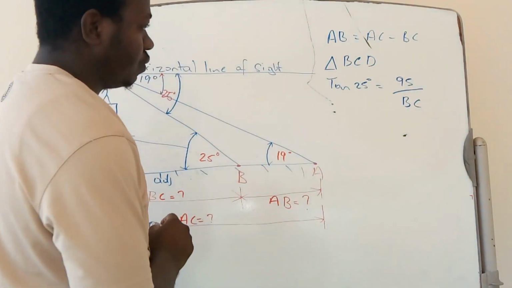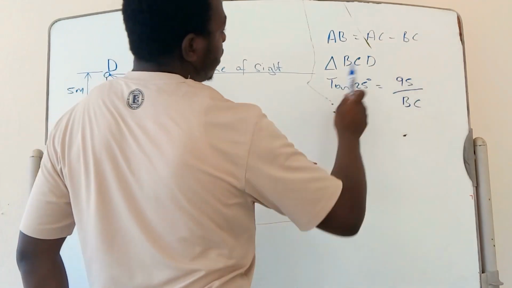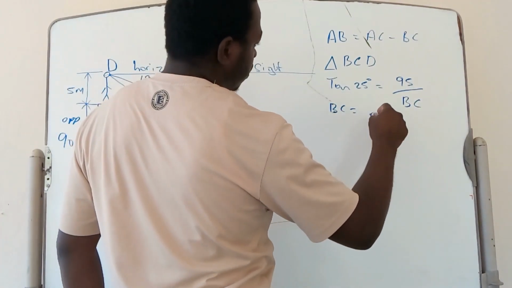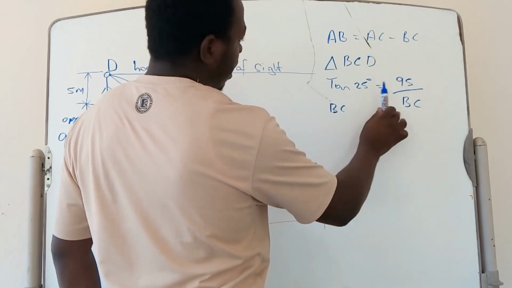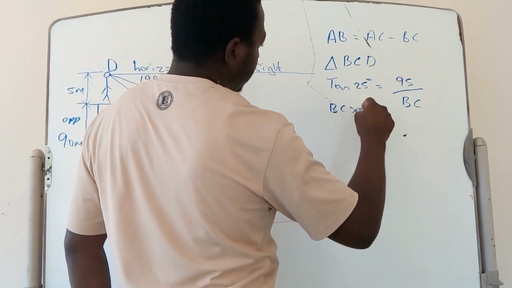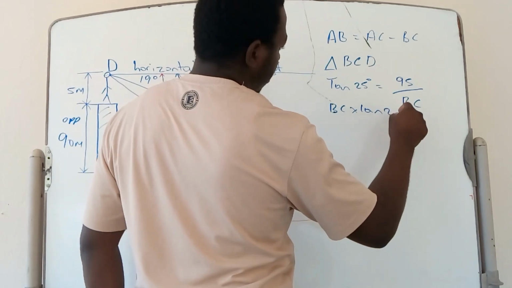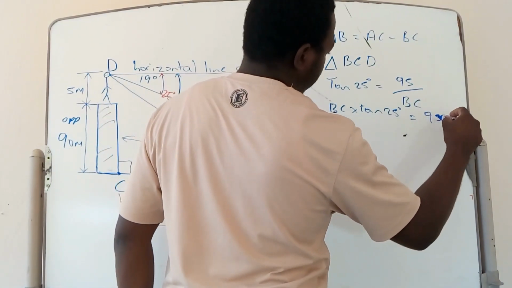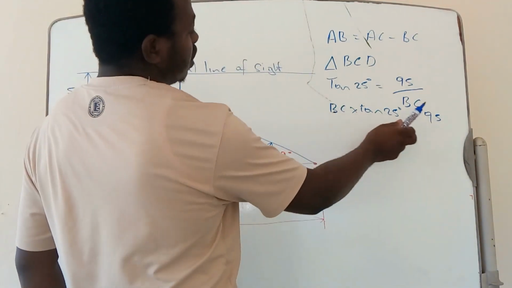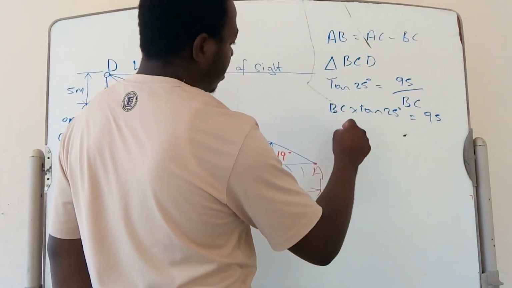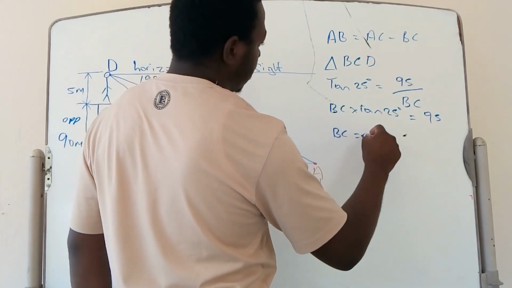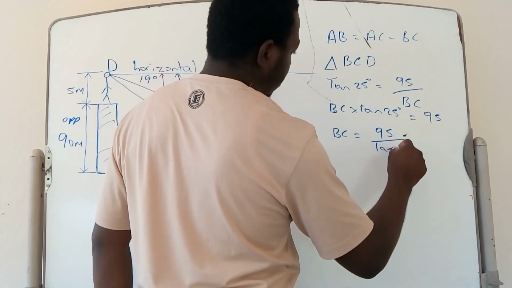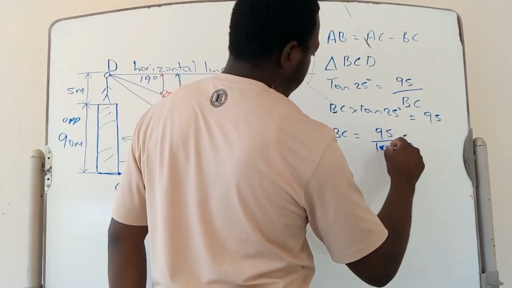Now you want to find BC, so multiply both sides by BC. So BC times tan 25 degrees is equal to 95. Then we divide both sides by tan 25 to get BC by itself. So BC is equal to 95 meters divided by tangent of 25 degrees.